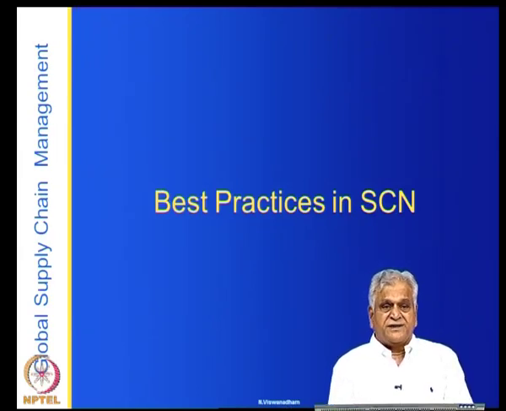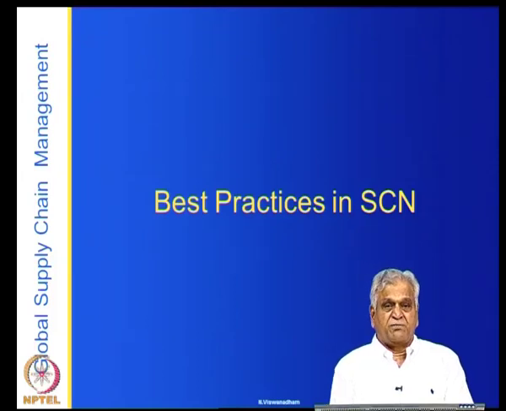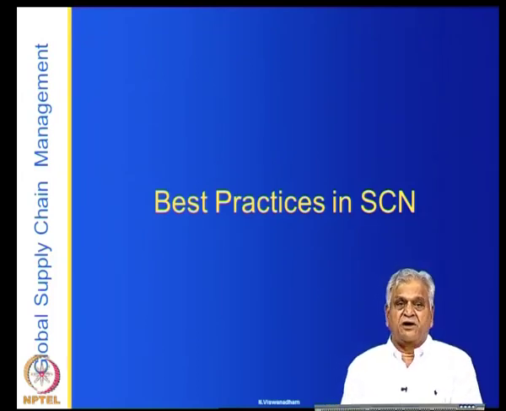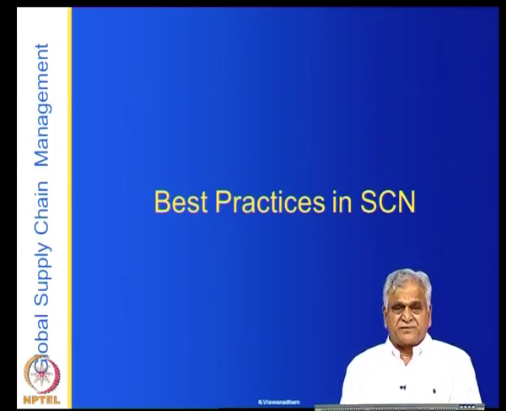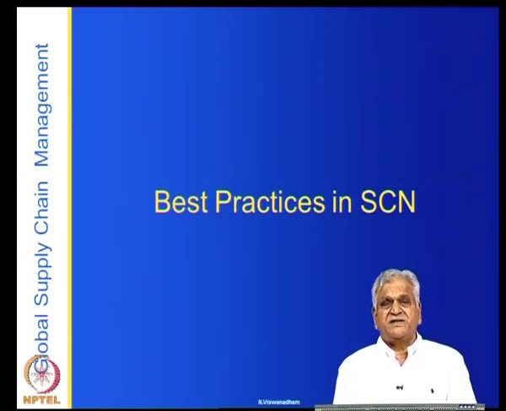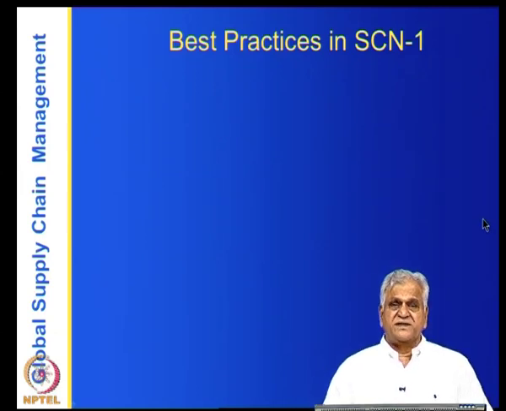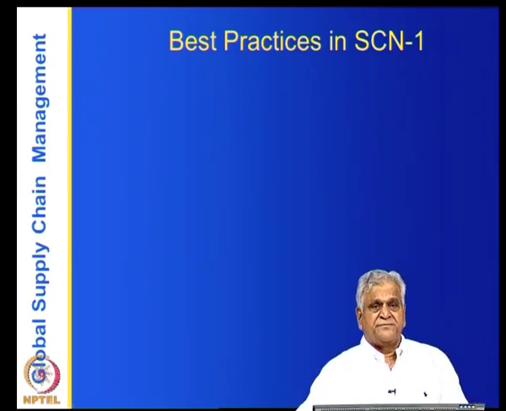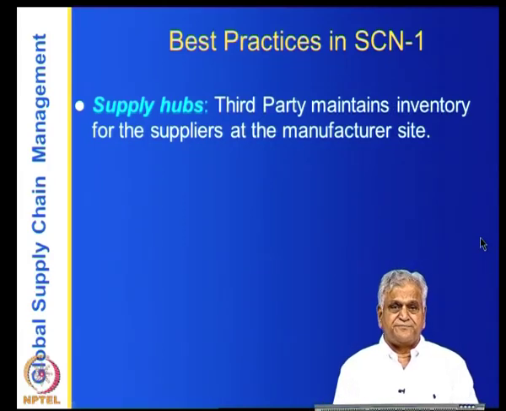So, this higher level view of the supply chain is useful in the future when we are talking about global supply chain management. If you look at the supply chain networks, what are the best practices? I will list some of the best practices here. The first one is what we call supply chain.